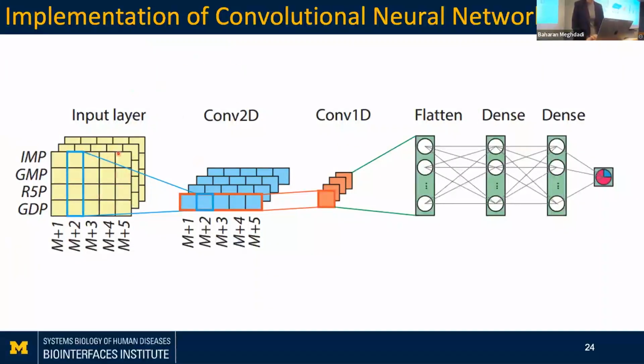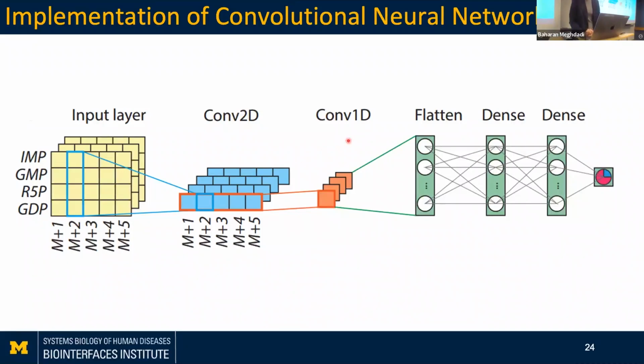So with this configuration of the input data, we have different metabolites and different MIDs. And we would like to use a convolutional neural network to predict the ratio of de novo GMP synthesis to the overall synthesis. The two-dimensional convolution layer captures the mass balances on each isotopolog. You can see that the kernel is a column vector that goes through different metabolites, but it's fixed on one MID.